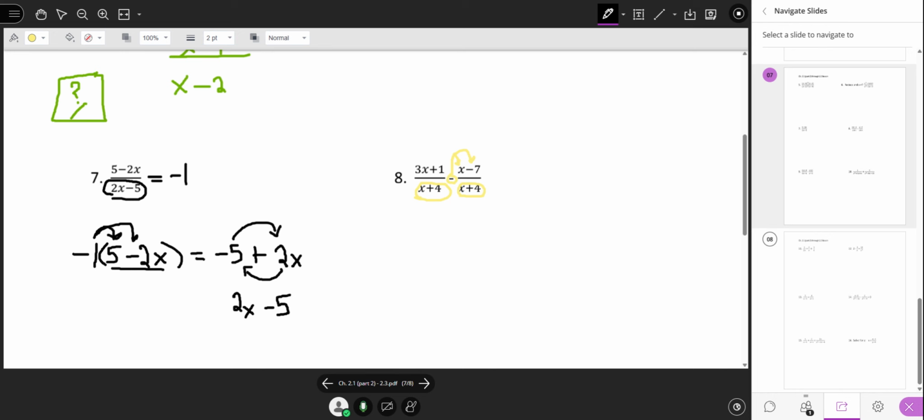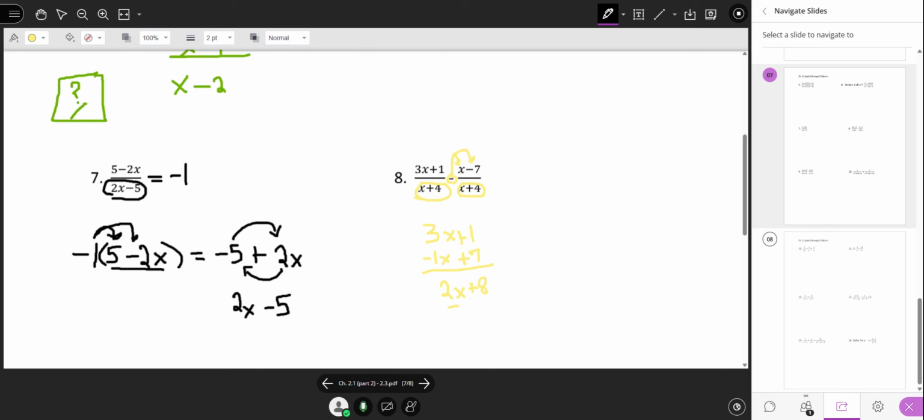So I combine what that sign says to do on the numerators. So 3x plus 1 minus x, so minus 1x. Notice I'm working my numerator. Minus a minus 7. Minus a minus 7 means to plus 7. So that gives me 2x plus 8.